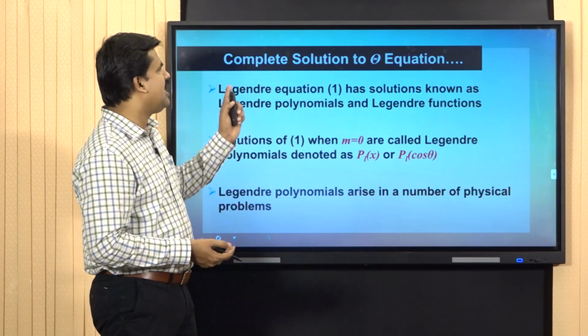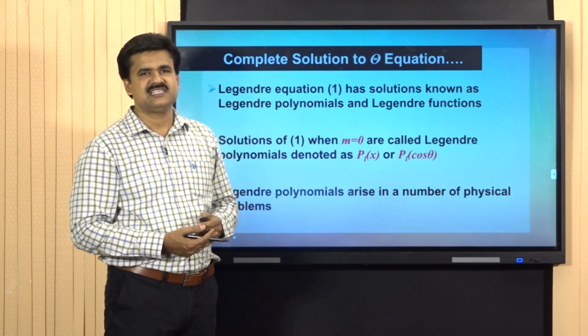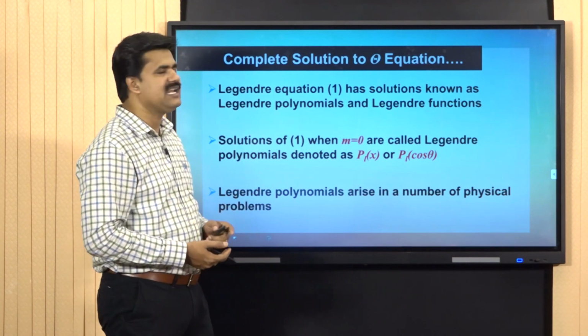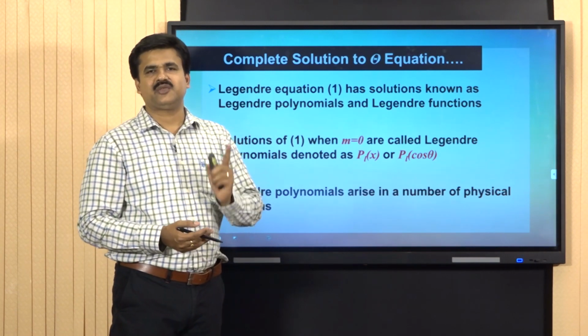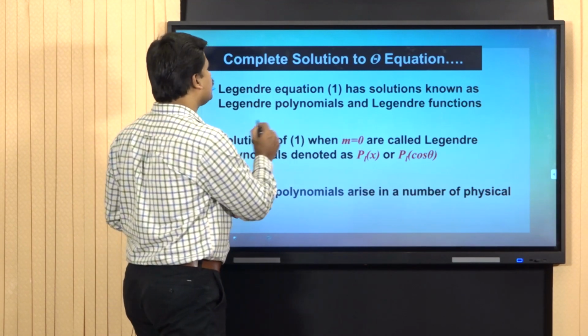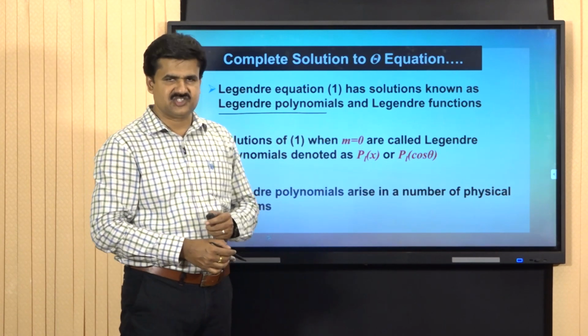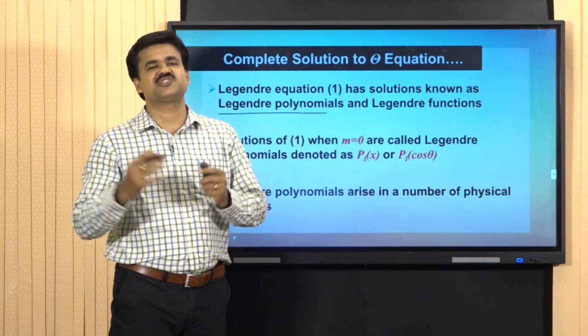Now, we have to discuss further the solution of the theta equation. We learned about the Legendre equation. Legendre equation 1 has solutions, which are known as Legendre polynomials and Legendre functions. That is, two sets of solutions are there.